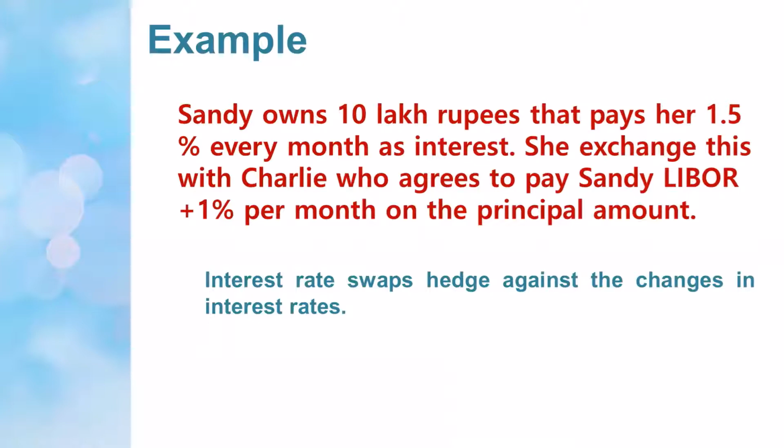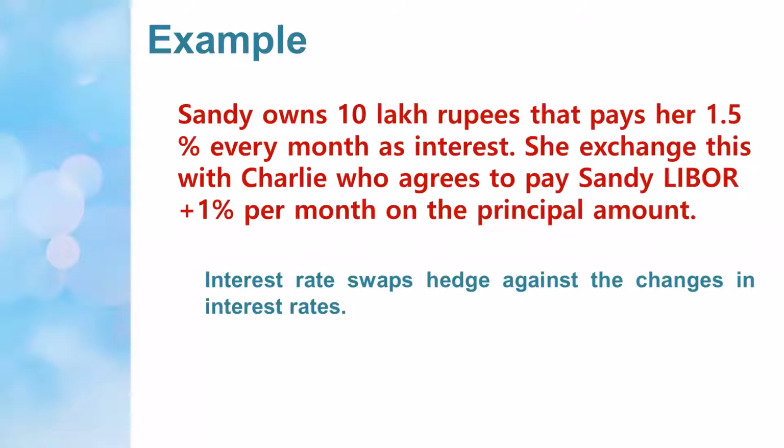So she is searching for another person who has an opposite expectation regarding the movement of interest rate. She finds Charlie. So here she exchanges this with Charlie, who agrees to pay Sandy Libor plus 1% per month on the principal amount. Now, what is Libor? It is London Interbank Offered Rate, right?